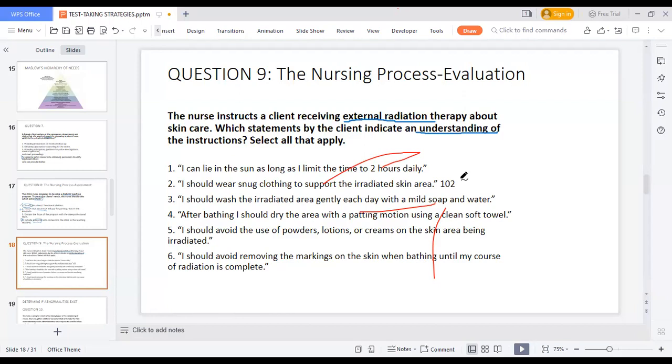Notwithstanding, let's apply our nursing process of evaluation to answer this question. So when a positive event question is like evaluating, like I said before, you have given instructions, you have given teachings, you want to evaluate if the teaching is successful. So we are applying the last steps of the nursing process in answering this question.